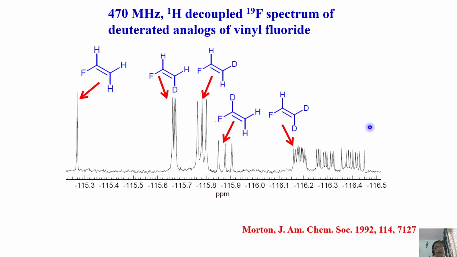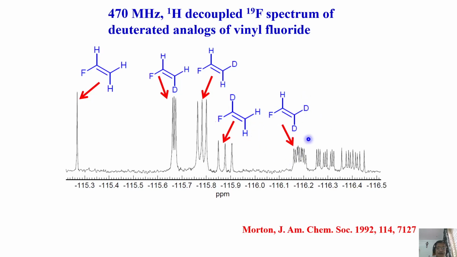Now look at this molecule. Now we are looking at two deuterium substitution. Deuterium is substituted at two positions, one here, one here. Interestingly, one of the deuterium splits fluorine into three lines of equal intensity, like here. But what does the other deuterium do? Remember, they are non-equivalent. You cannot use the 2nI plus 1 formula here because they are non-equivalent.